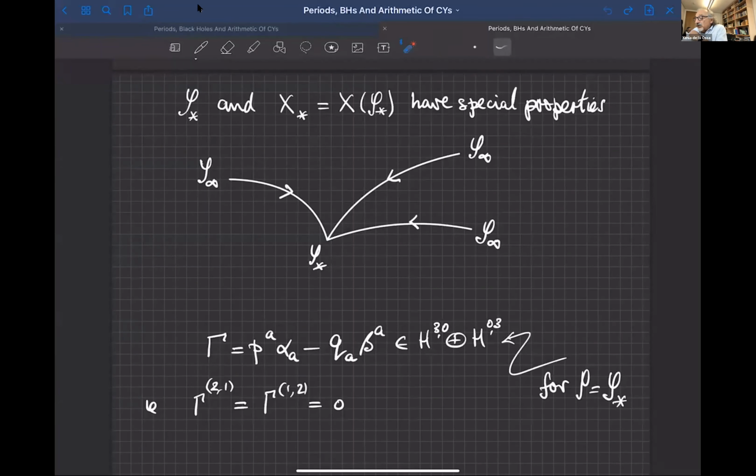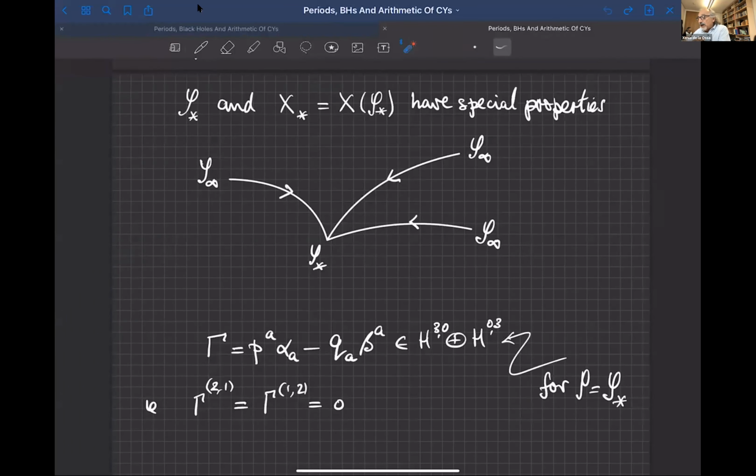So this is strange. What's going on is that, of course, the space H30 is a subspace of H3. It's a line in H3, and this line depends on the complex structure. What you call a 3-0 form depends on what you call a holomorphic form, and so that depends on the complex structure. As you vary the complex structure, this space H30 plus H03 moves.